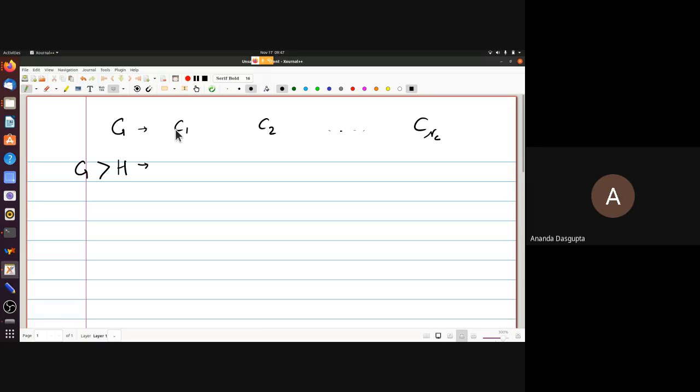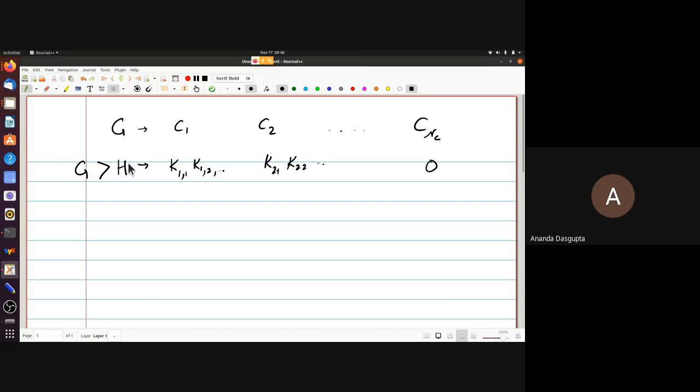Some classes would be completely disjoint from H. Some classes would have some elements of H, but other elements would not. But the elements of the classes Ci which are in H break up into complete classes of H. And similarly, K2 breaks up into K21, K22, and so on. And there would be situations where there are some classes for which there are no elements in common at all.